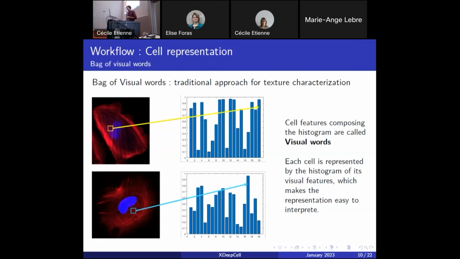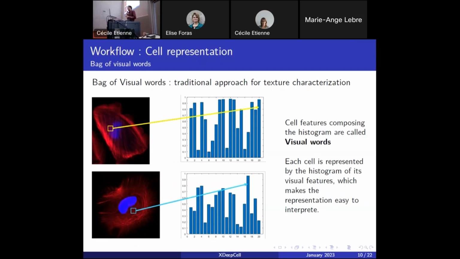And the advantage of a bag of visual words representation is that it is very easy to interpret in the way that if, for example, our categories, our visual words, we have only 3 of them, square, circle, or triangle, by just looking at the histogram, you can know that a cell is, for example, 50% circle, 20% triangle, and 30% square.